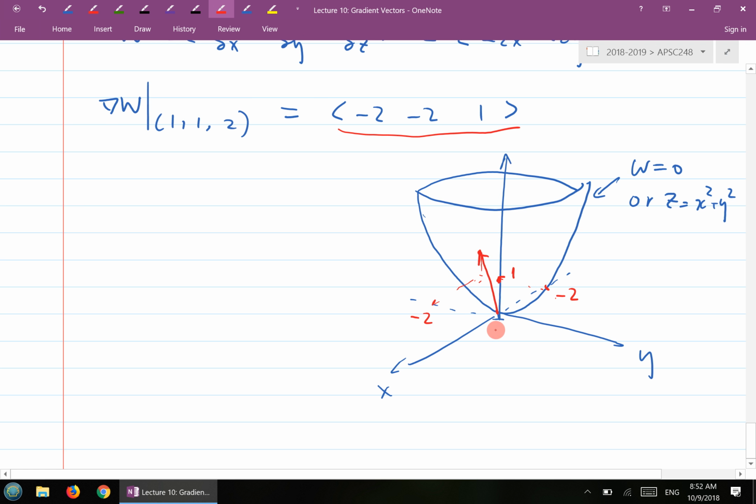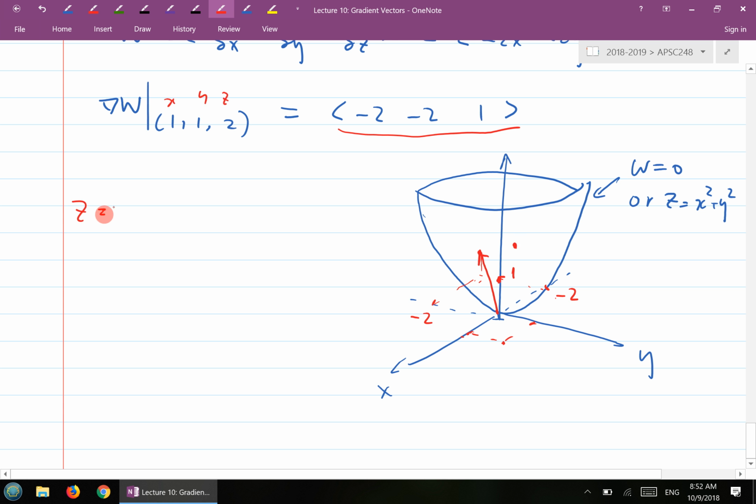However, when you draw the gradient vector, remember, we have to start the gradient vector from the actual location. In this case here it is 1, 1, 2. So 1, 1, 2 is the actual location. Where is 1, 1, 2? Here's 1, and then here's 2. This is x, y, z, right?